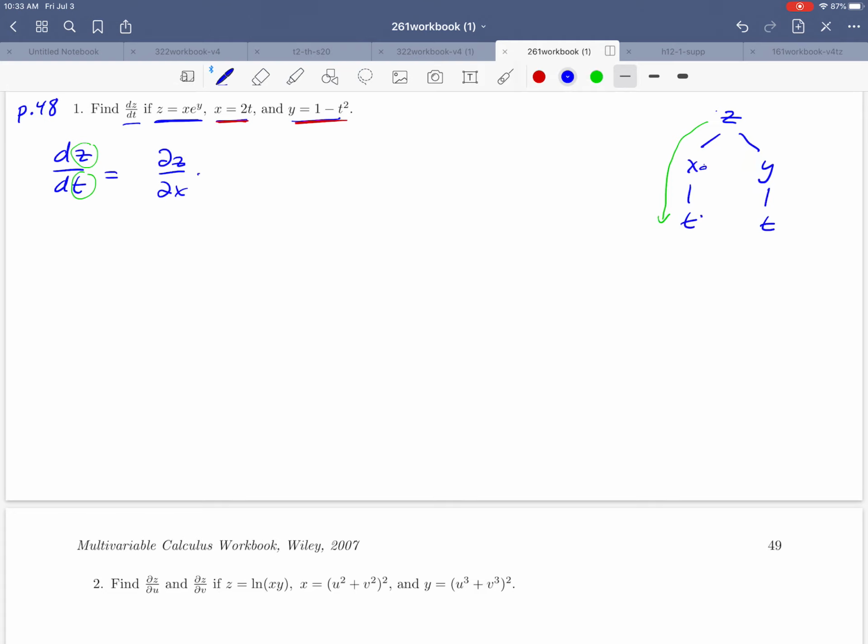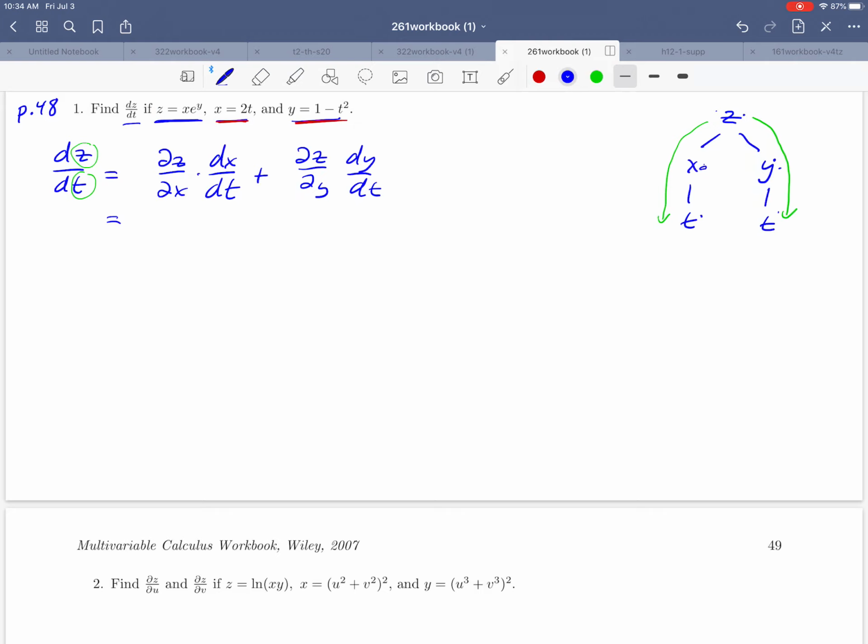Then going from x to t, that's dx/dt, which takes care of the first path. But there's another path from z to t over here. Along that path, we go from z to y, so that's partial z partial y, and then from y to t, which is dy/dt. There's our chain rule formula for dz/dt. Now we just have to do the calculations and see what we end up with.